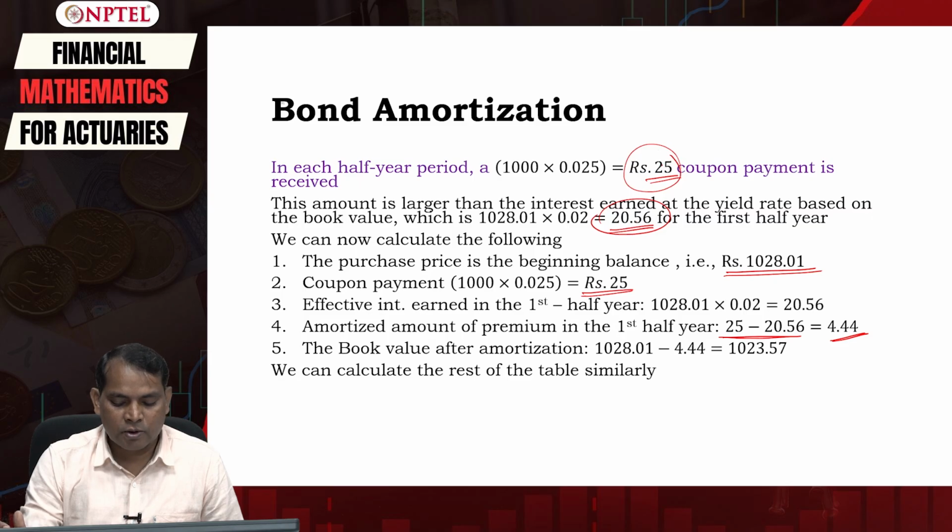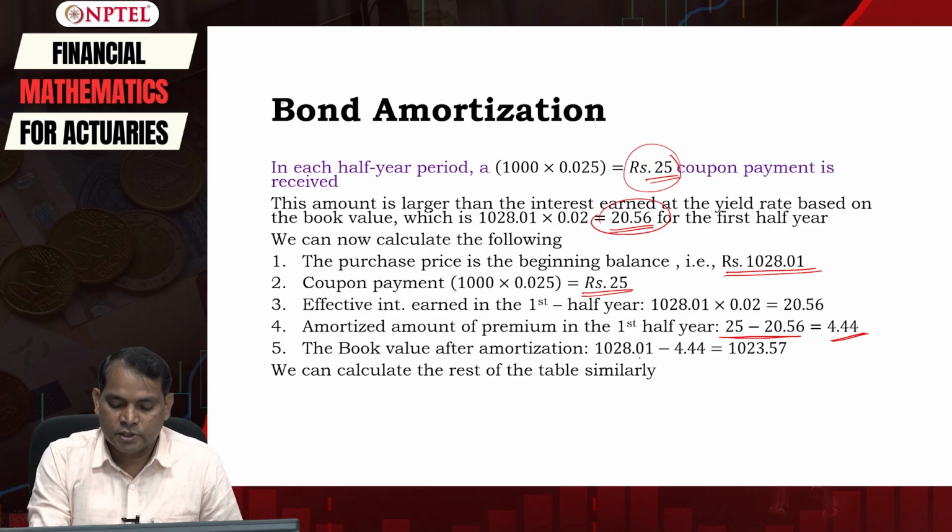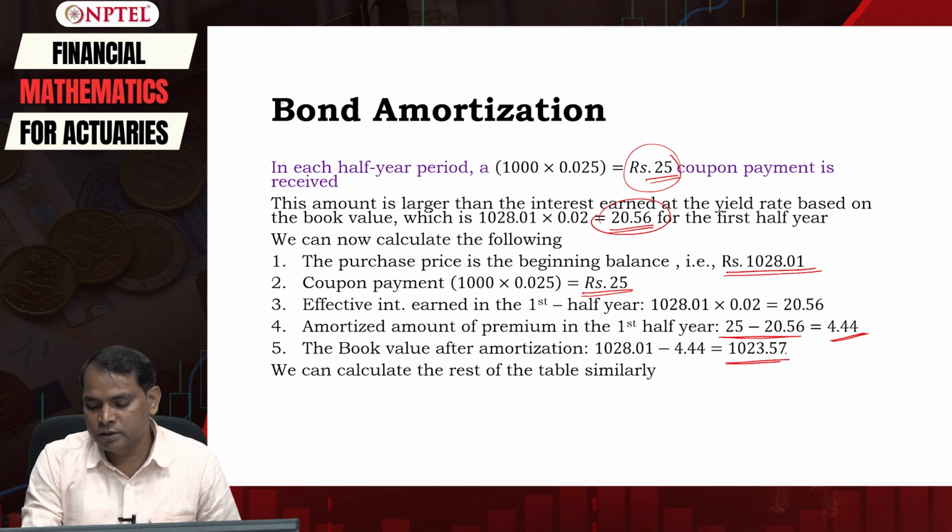The book value after amortization is this value deducted from the price of the bond: 1028.01 minus 4.44 is 1023.57. That is the entry in the final column in our first row.